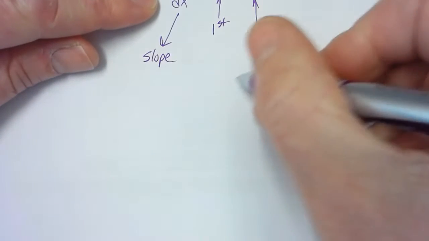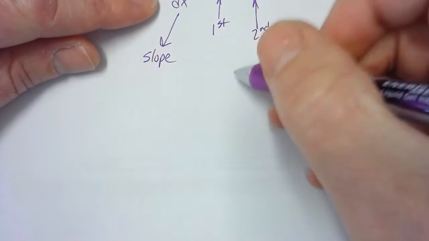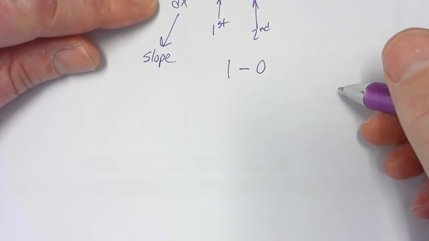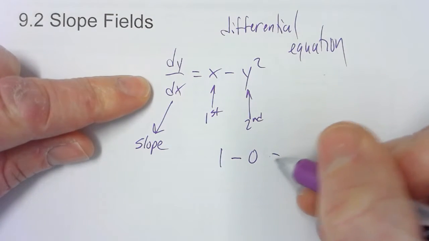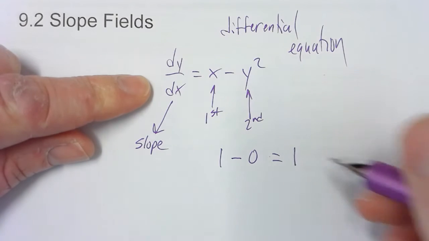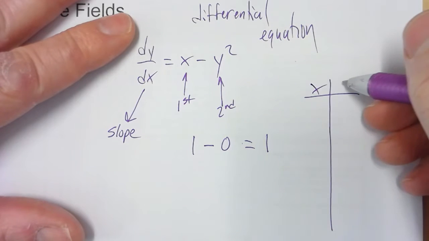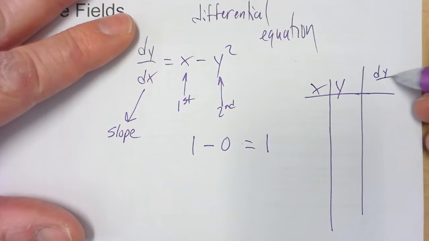So here we go. I'm going to put in 1 for x. I'm going to put in 0 for y. And so what's that going to give me back? Well, 1 minus 0 gives me 1. So if I'm keeping track here, I'm putting in an x and a y, and I'm getting out a dy dx.